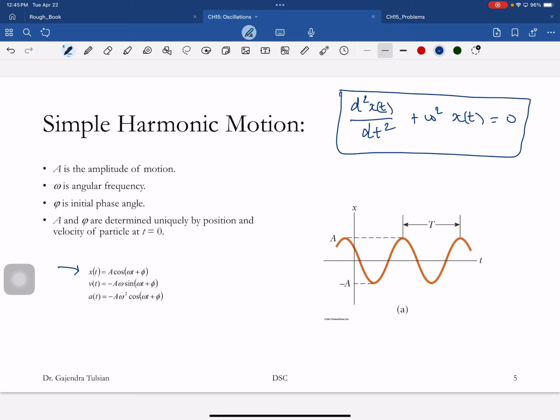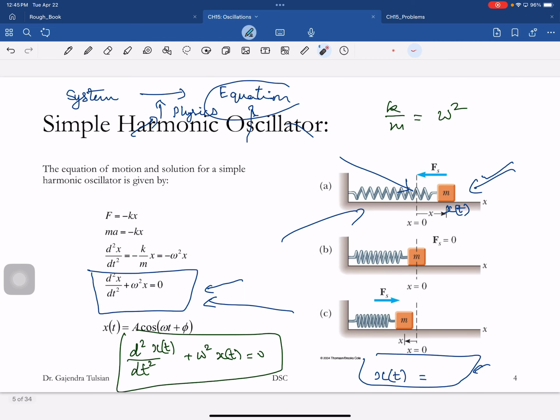This is the solution we're looking at. What is this A? That A is not in this equation. Look at this constant phi. That is not in this differential equation. All right, so let me get back to this diagram.